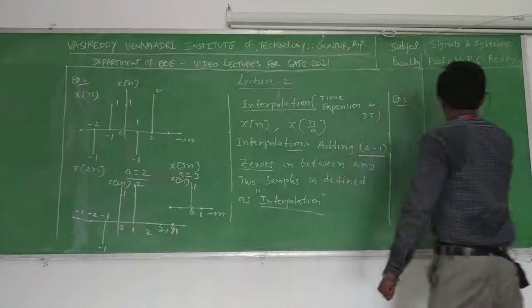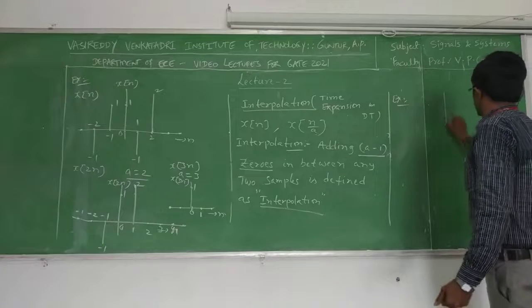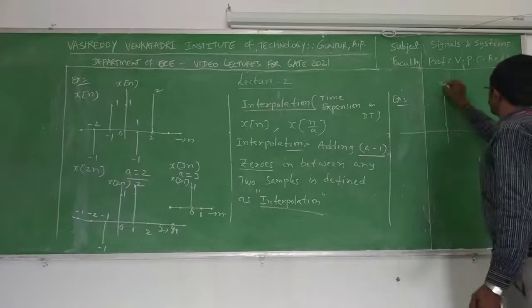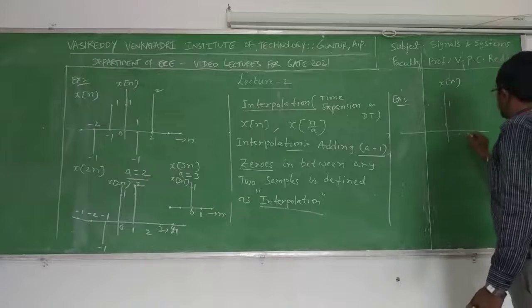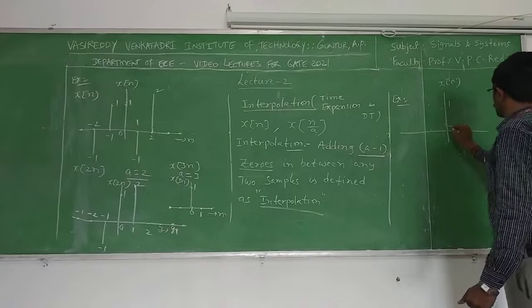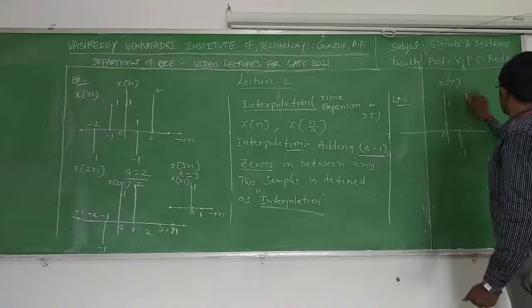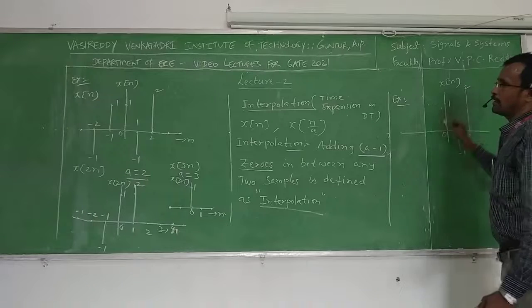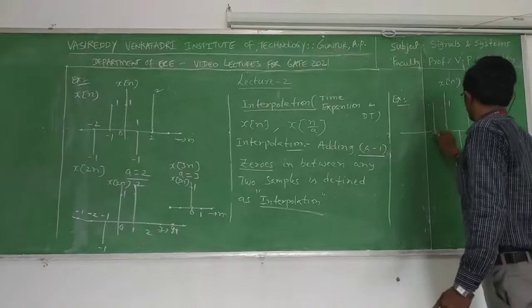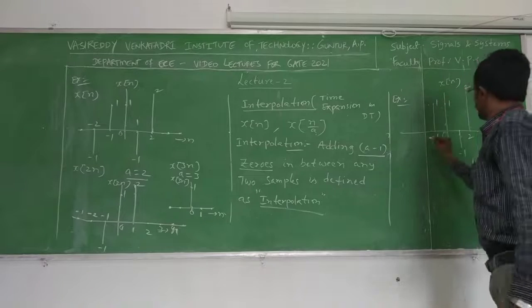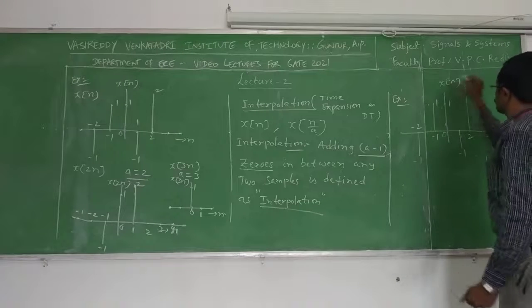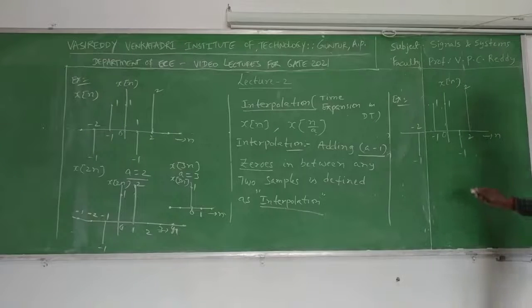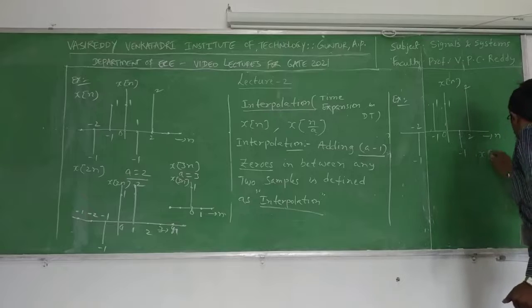Example. So we consider the same example, x of n. At n is equal to 0, the value is 1; n is equal to 1, minus 1; n is equal to 2, 2; n is equal to minus 1, 1; n is equal to minus 2, minus 1. So this is x of n. Now I am asking for x of n by 2.